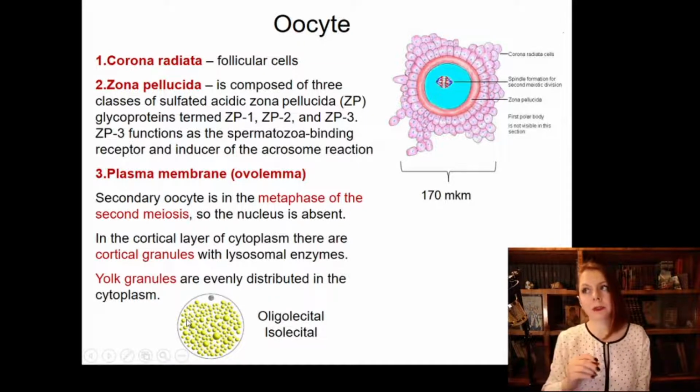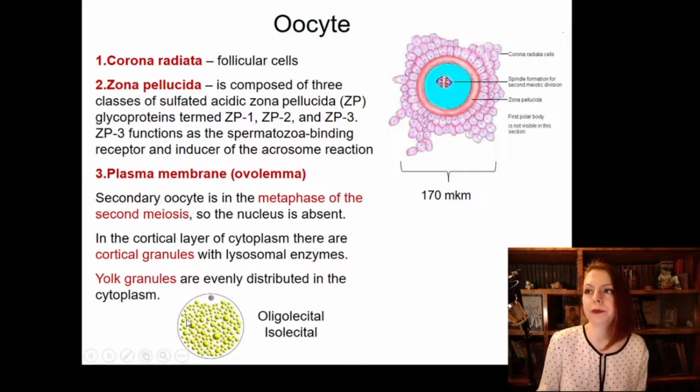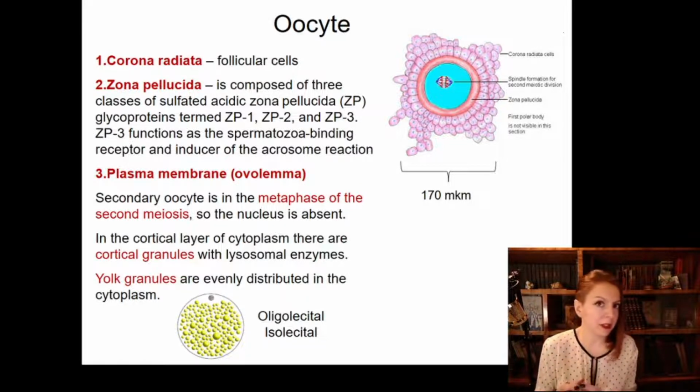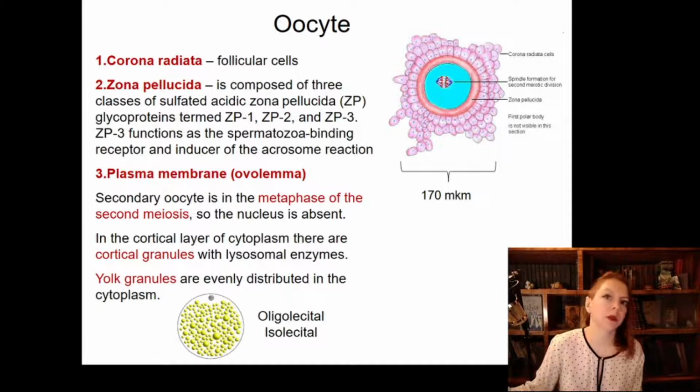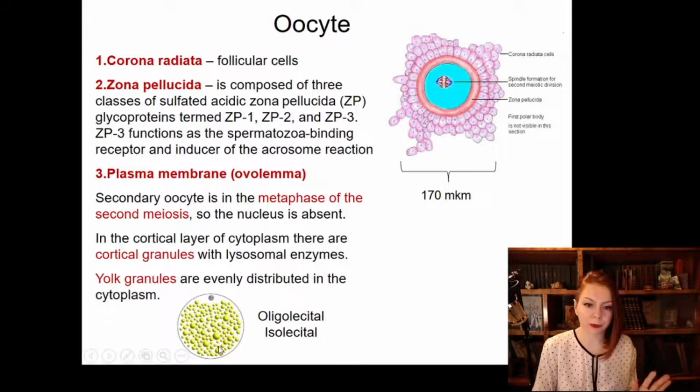In case of birds, for example, they have telolecytal or centrolecytal oocytes, when yolk is concentrated in the center or at only one pole of the oocyte. In case of humans, we have equal distribution, so we call the oocyte isolecytal.